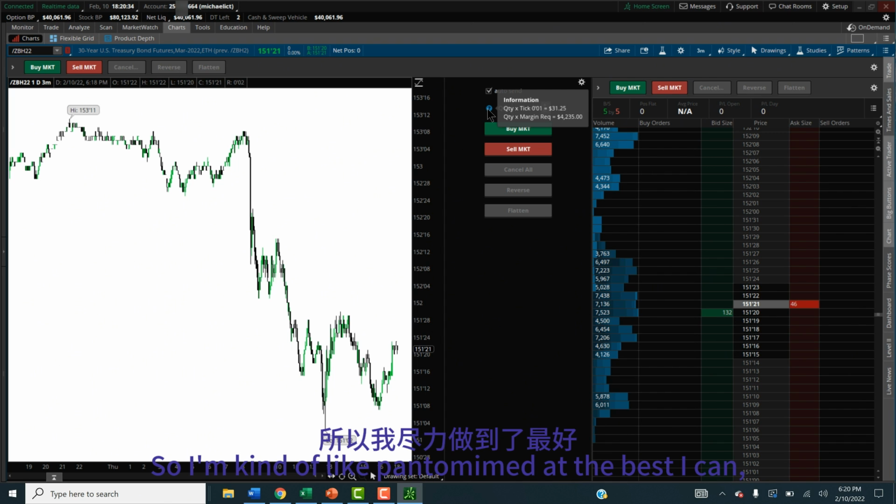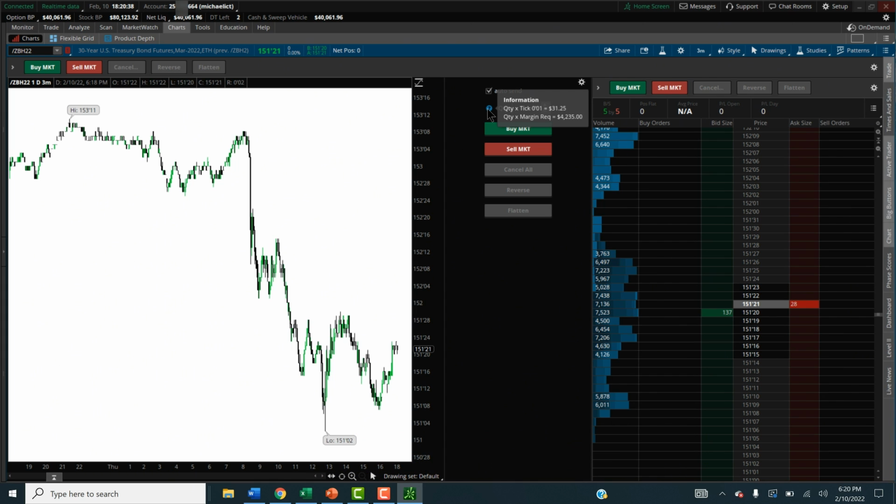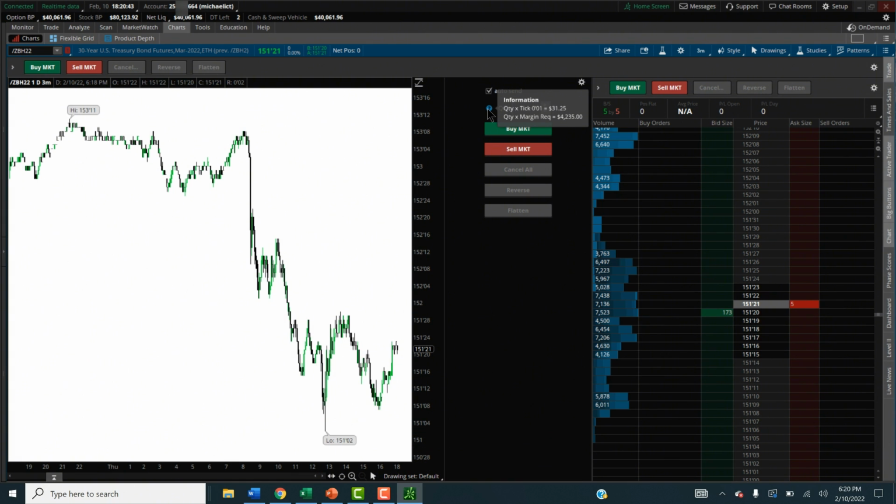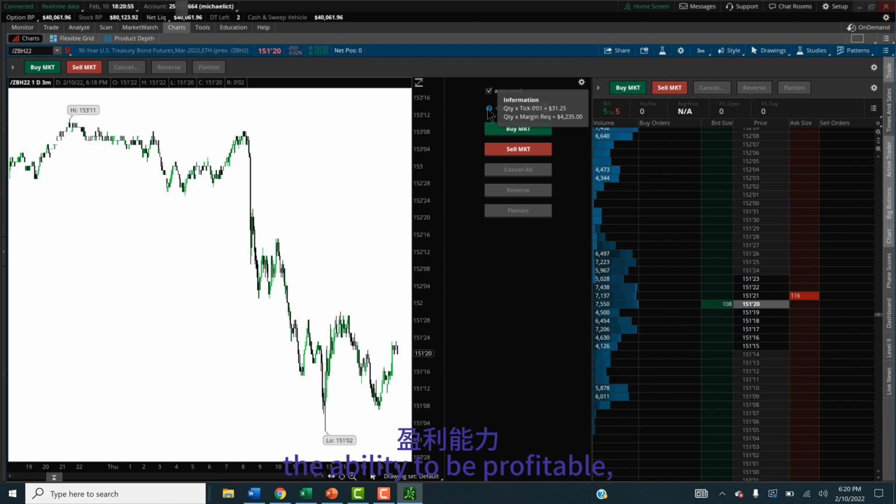So I'm trying to pantomime as best I can what it would be like for a new trader sitting down with a live account for the first time, what they will see in their account, and how even negative trade results don't make the ability to be profitable impossible.